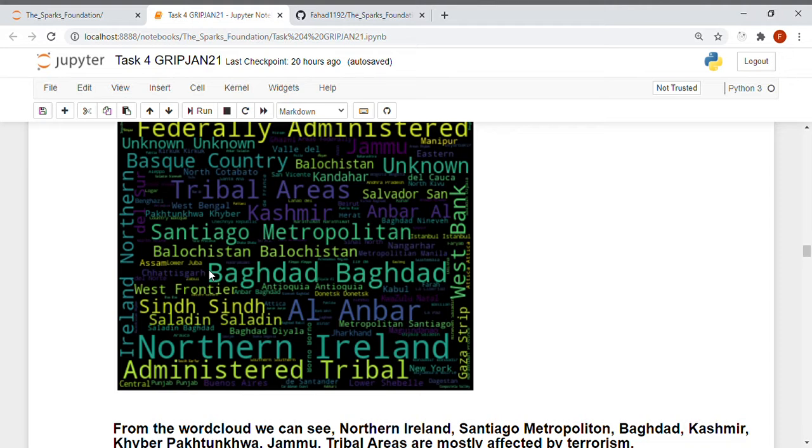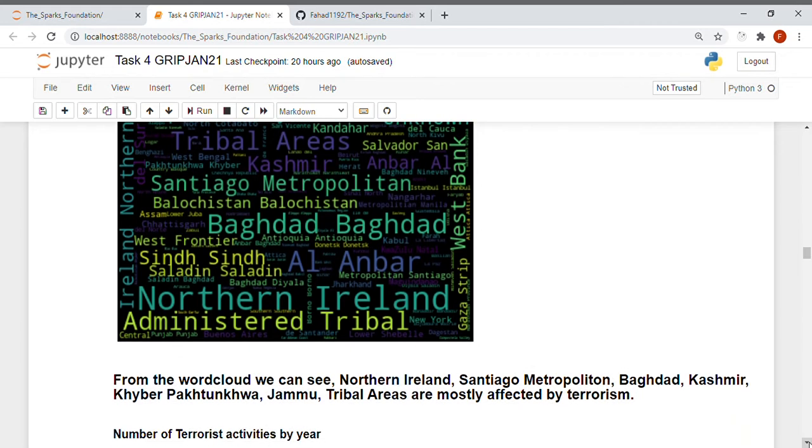We all know that Iraq has been one of the most terror global hotspots due to the emergence of ISIS and other terrorist organizations there. And then comes an interesting name here, Northern Ireland. I never heard Northern Ireland is a hotspot of terrorism.